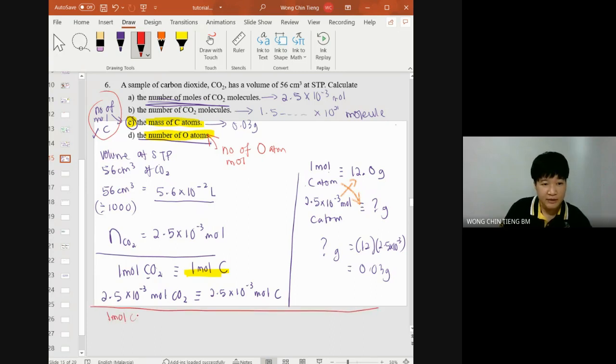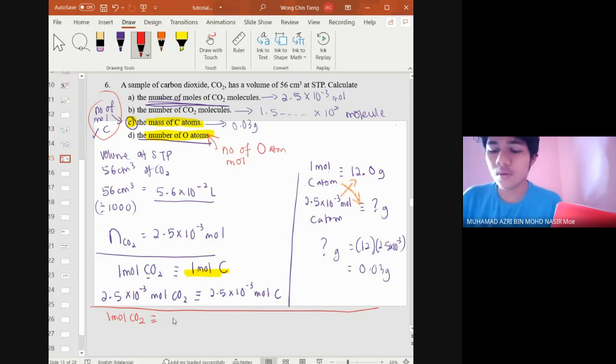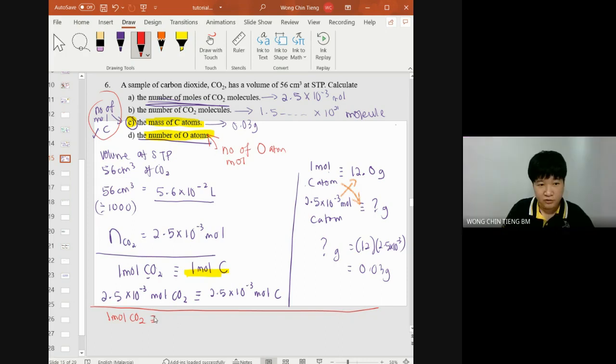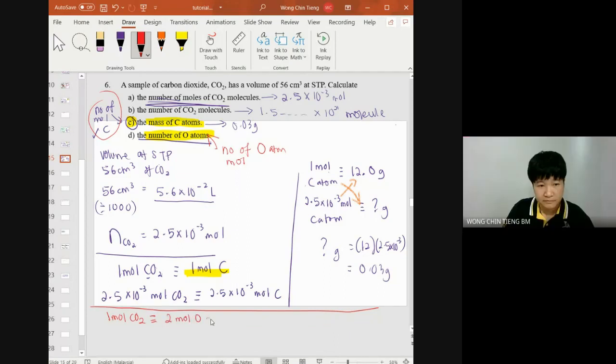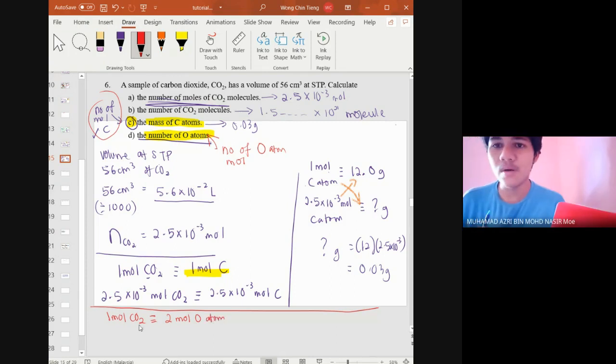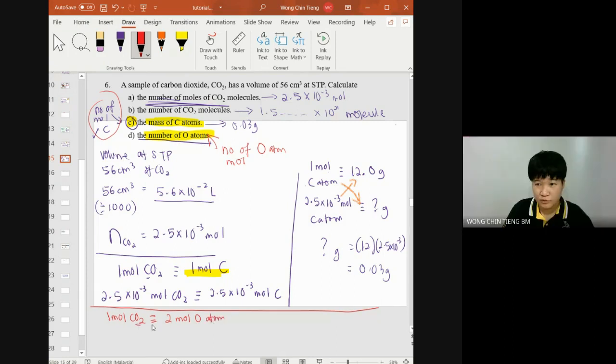1 mole carbon dioxide, how many mole of oxygen atom? Teori dulu. 1 mole of CO2 equals to how many mole of oxygen? 2 mole oxygen, sebab ada dua atom O. Betul.